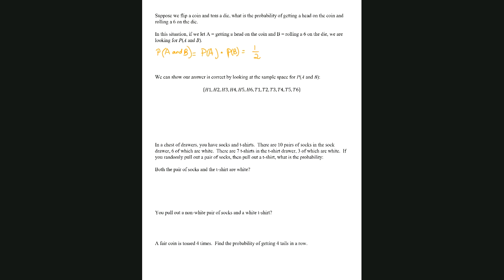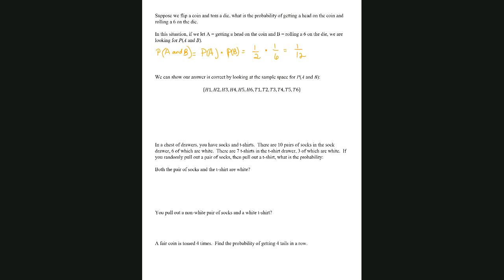And then the probability of rolling a 6 on a die is 1/6, because there are 6 possible outcomes and we're looking at one of them. So 1/2 times 1/6 is really 1/12. So the probability of getting a head on a coin and rolling a 6 on the die is 1/12.